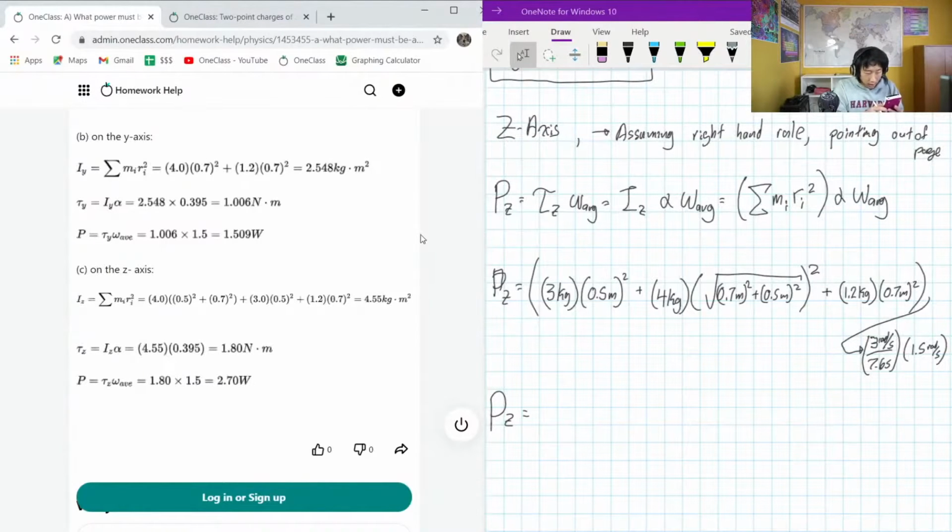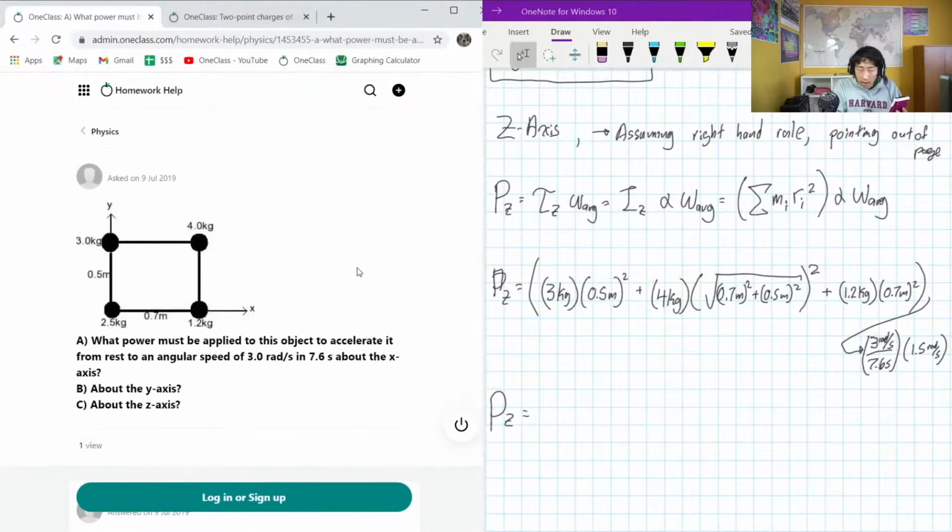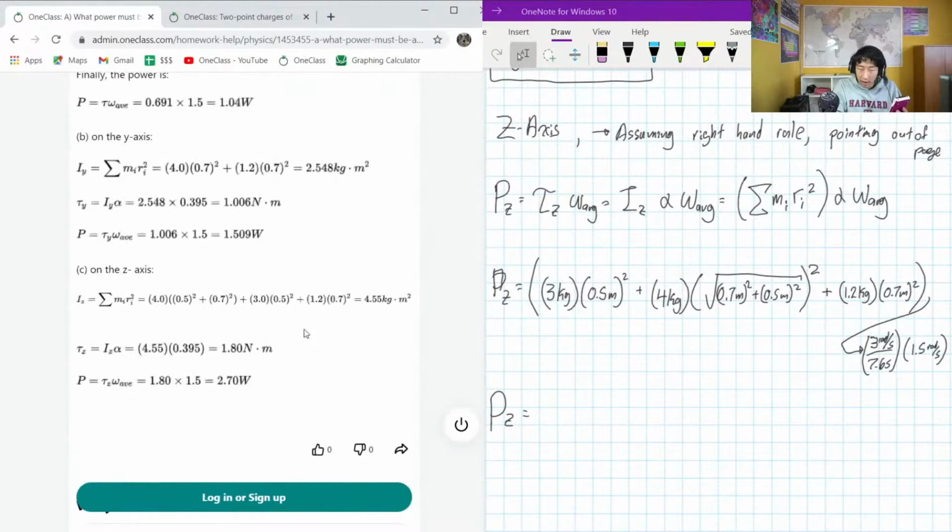Oops. Wait a minute. Something in the math is not agreeing between my calculation and the calculation here. Okay, so I trust my answer more because I can see in my calculator that everything's lined up.